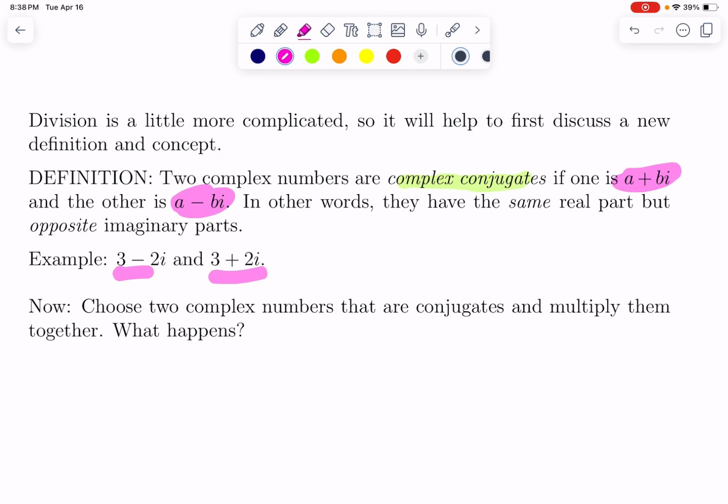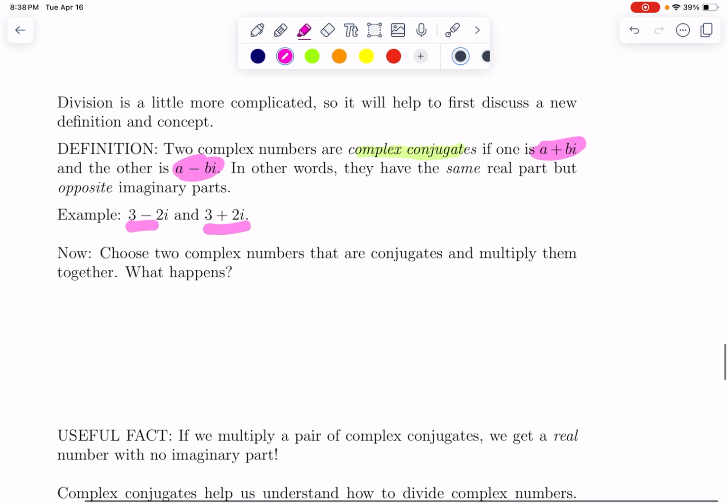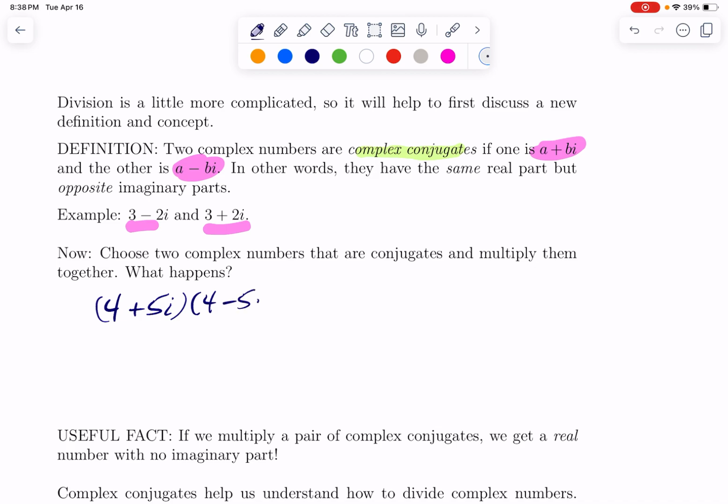Now, pick your own example, it doesn't have to be this one, and multiply them together. Hit pause and actually do that. So I'll do an example. I will do the example 4 plus 5i times 4 minus 5i. If I FOIL, I get 16 minus 20i plus 20i minus 25i squared.